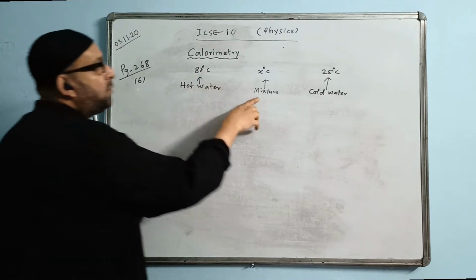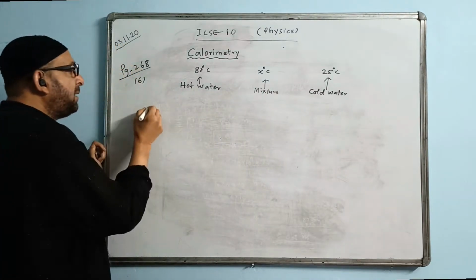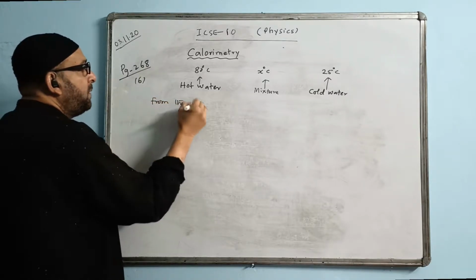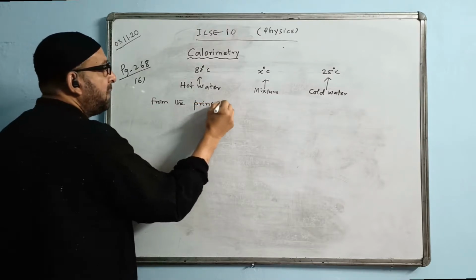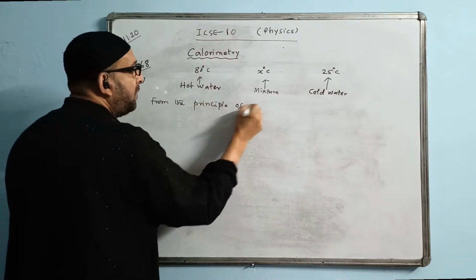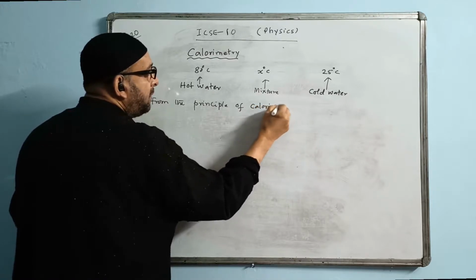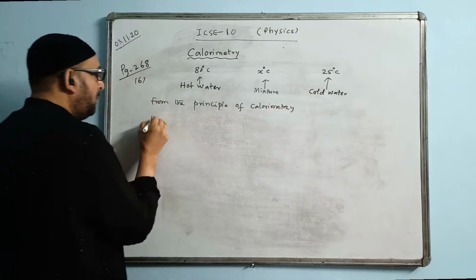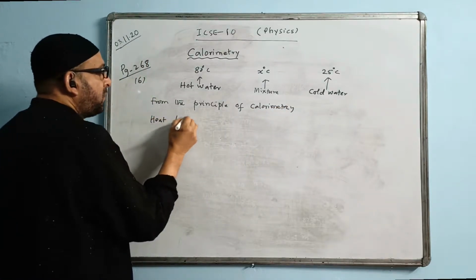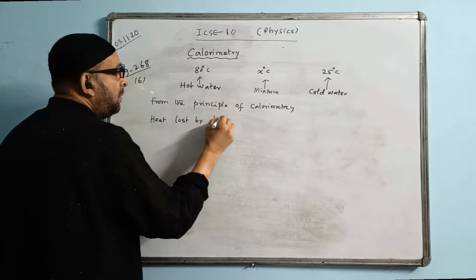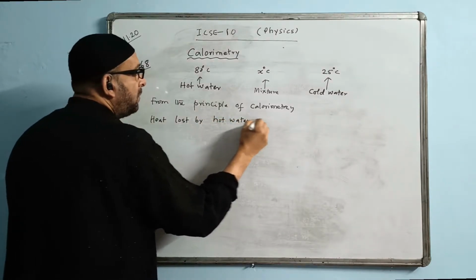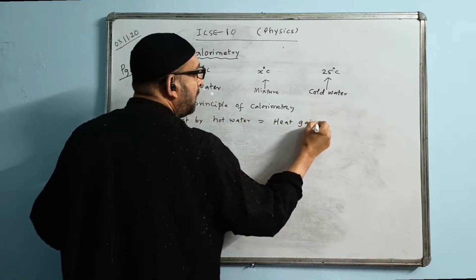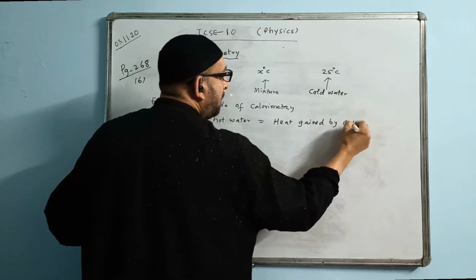That is, hot water will lose and cold water will gain. So I will write the equation like this. From the principle of calorimetry, heat lost by hot water is equal to heat gained by cold water.